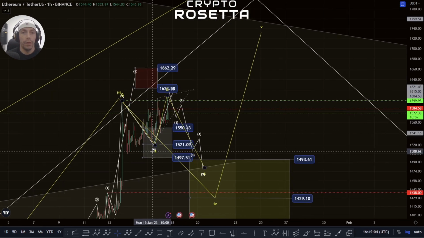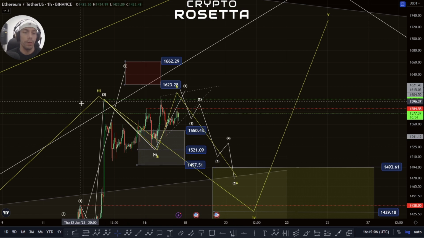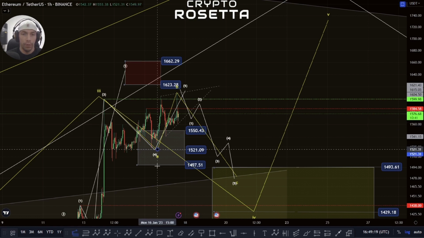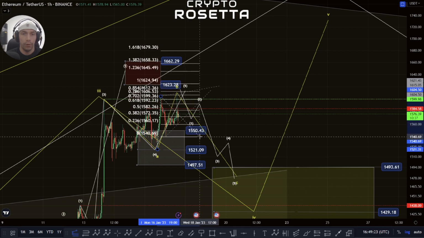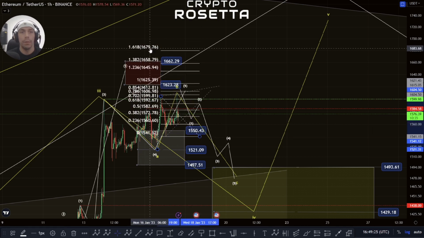There is, like I said, still a potential that we could extend to the upside off this point, where this becomes a 1-2, and then either we form a diagonal in here, or alternatively we can look to push to the upside. So confirmation again of that off of this low point, if we're looking at the potential for becoming a bigger structure to the upside, would come by crossing above this 1679.